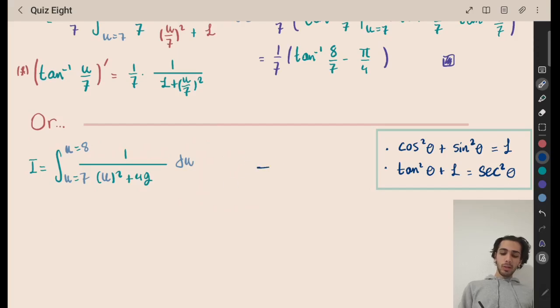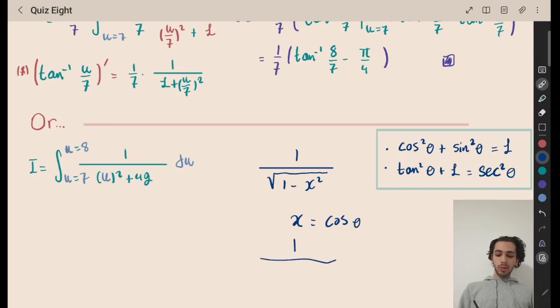So if you have something that looks like, just for example, 1 minus x squared, then if I choose x to be cosine, I get 1 over the square root of 1 minus cosine squared.